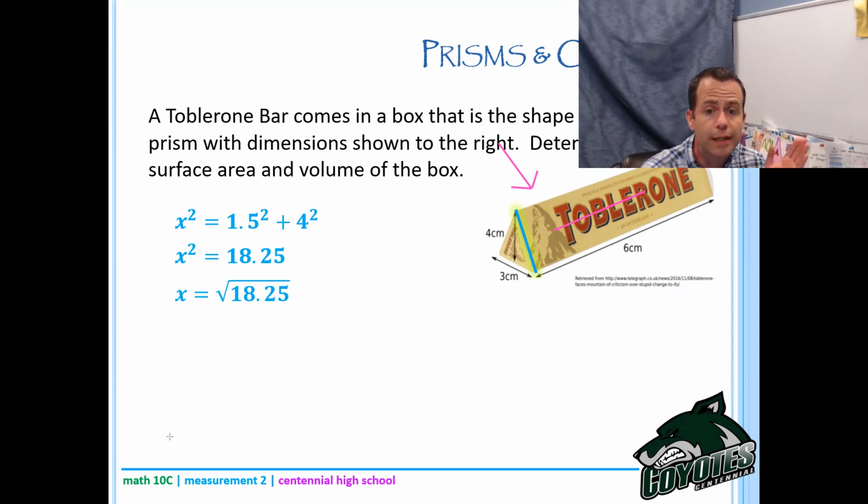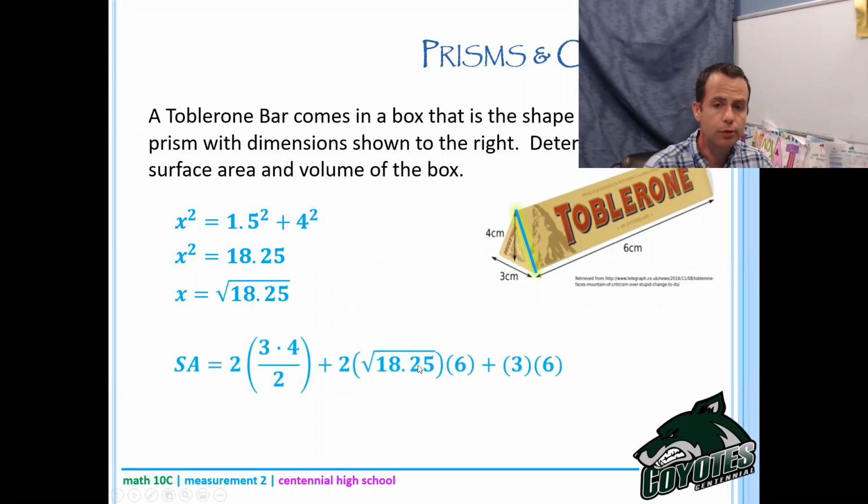So I can do 2 rectangles that are root 18.25 by 6, and then the bottom rectangle would be 3 by 6. I write all that out, plug it all into my calculator, and you should get an answer of 81.26 centimeters squared.